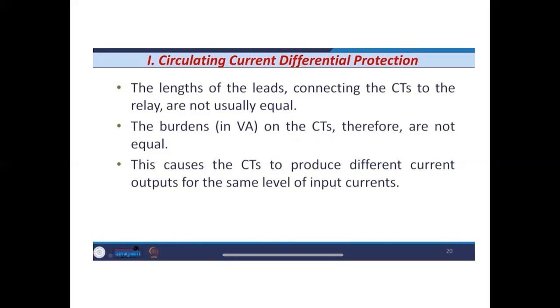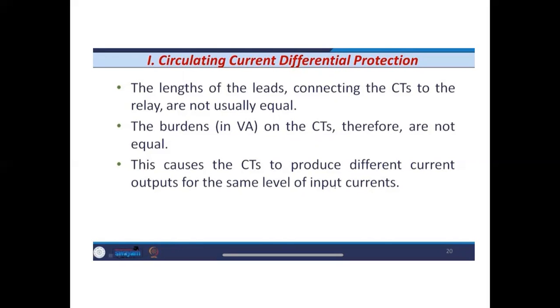So the burden of the CTs is unequal, and because of that, some value of current will flow through the operating coil of the differential relay. This current is known as spill current.